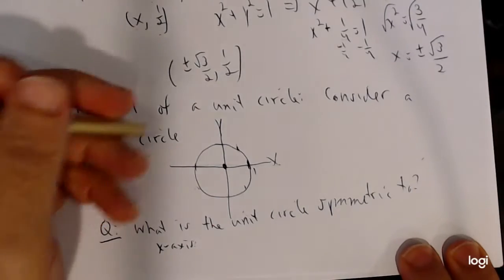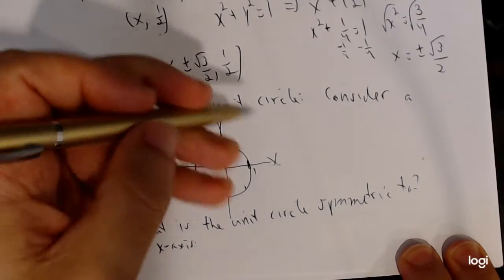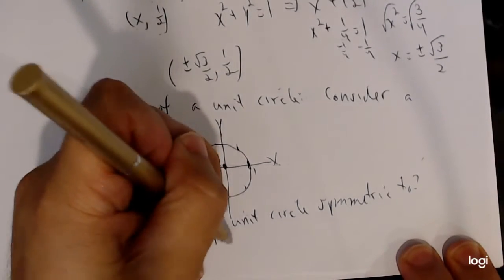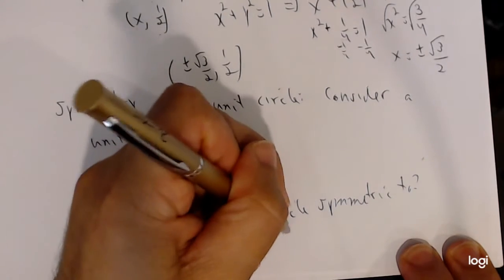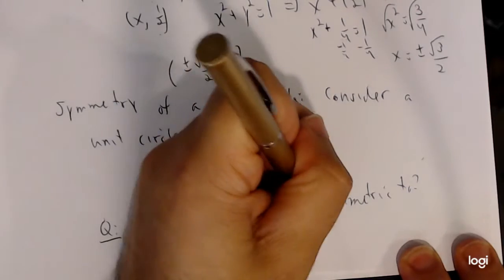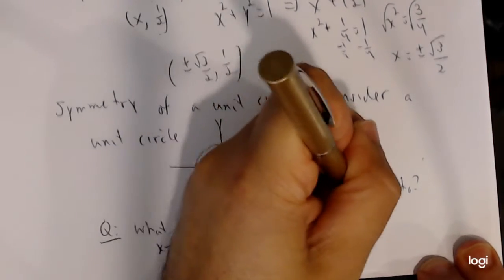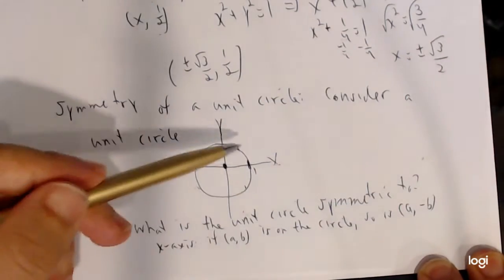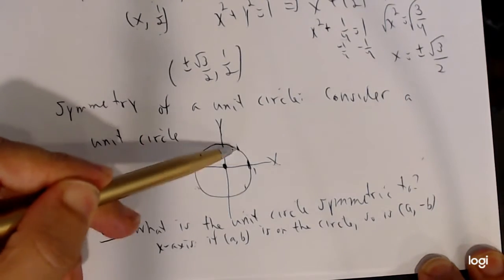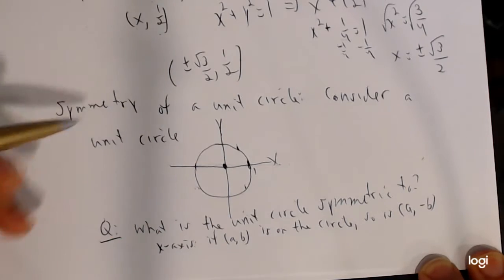Now, what is it that we know? If it's symmetric with respect to the x-axis, we would say, look, if the point (A, B) is on the circle, so is (A, -B), right? Because if you look at this, what do you notice? Their x values are the same, but their y values are exact opposites.